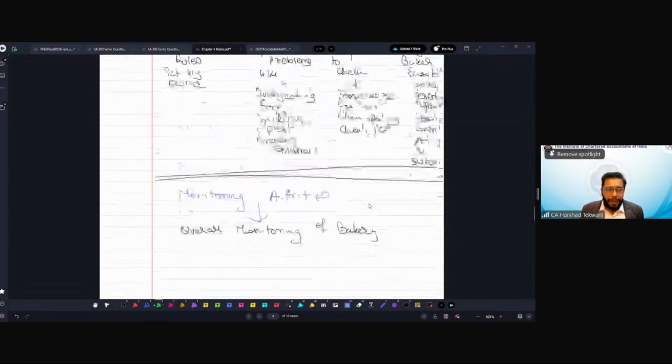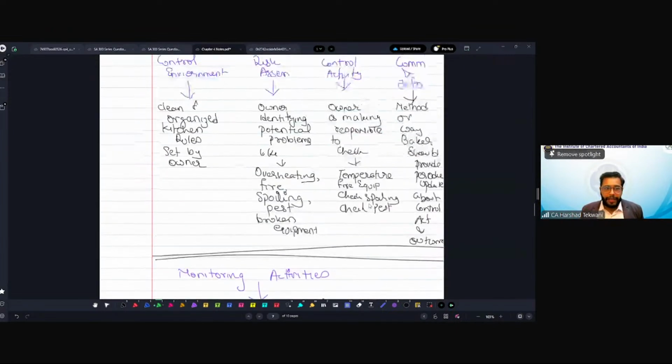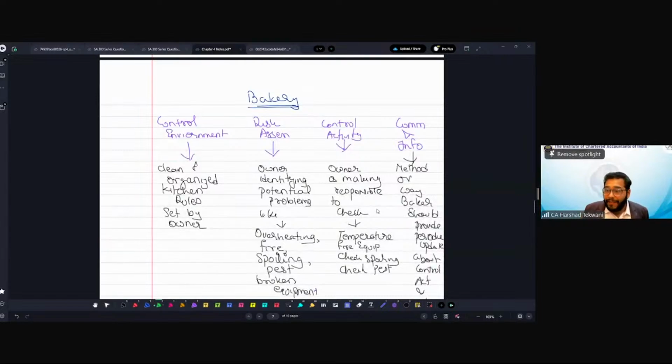Based on my overall evaluation of the control environment, I may identify a deficiency. But whether that deficiency is a significant deficiency or a material weakness, you may need to perform some additional procedures and then you will be able to decide. Clear? Any doubt till now?